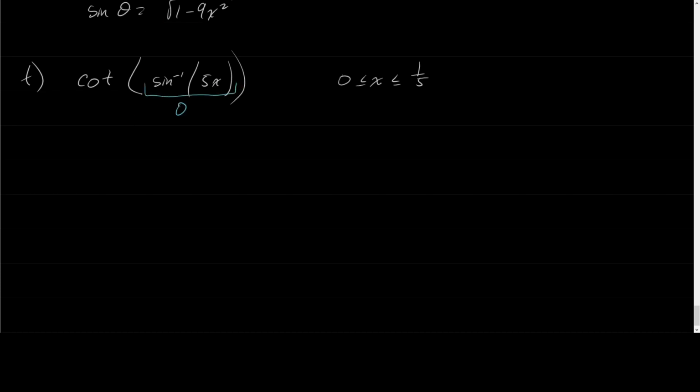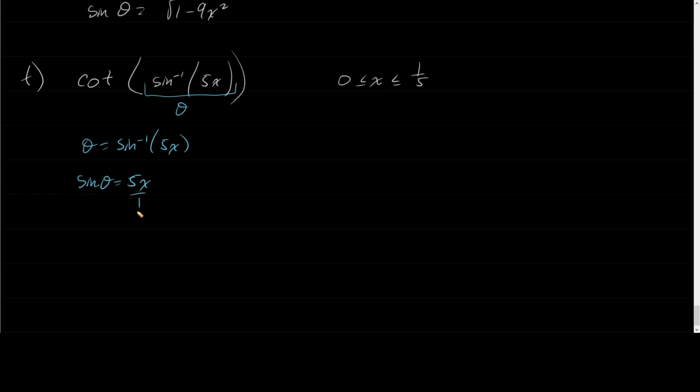This inside was our theta, so theta is equal to sine inverse of 5x, so that sine theta is equal to just simply 5x. And what we're going to do with this is, well, 5x is the same thing as saying 5x over 1, right?